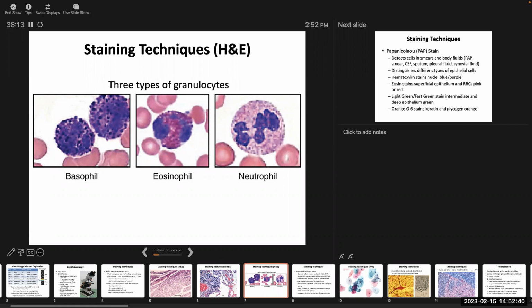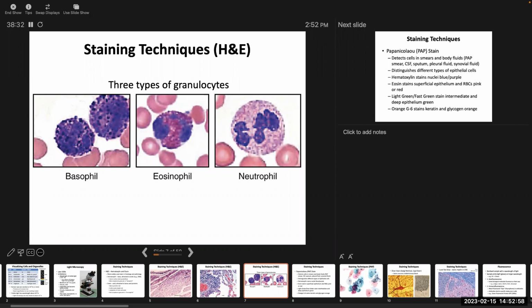These are all a type of white blood cell that's known as a leukocyte, or even more specifically, these are all known as granulocytes, just because these three types of cells have granules in their cytoplasm.